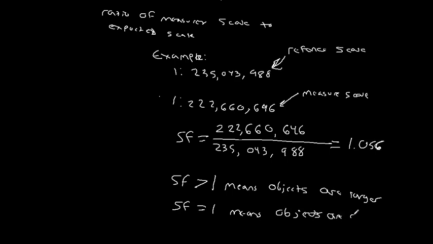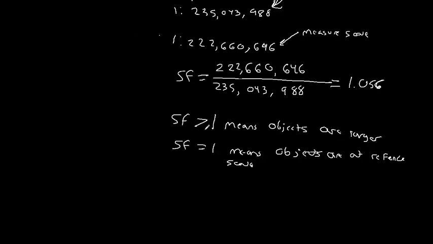Objects are at reference scale. And if we have an SF of less than 1, then that means that we've actually shrunk our objects. It means that objects are smaller, right? So hopefully that makes sense.